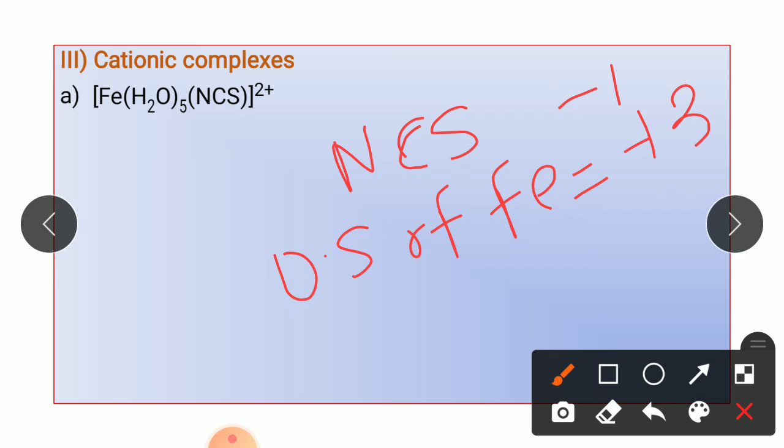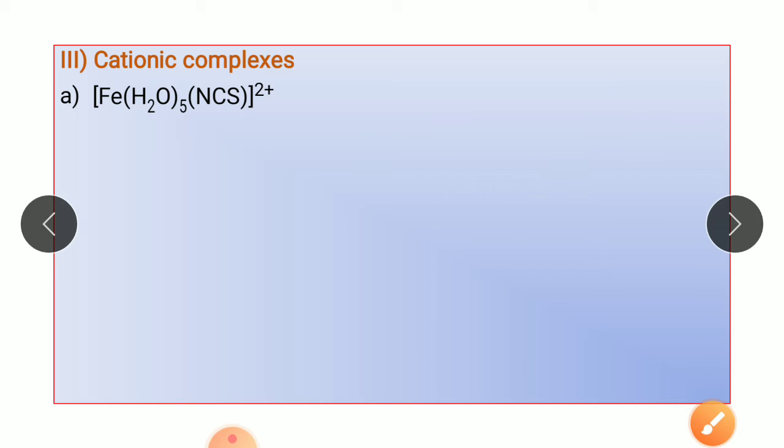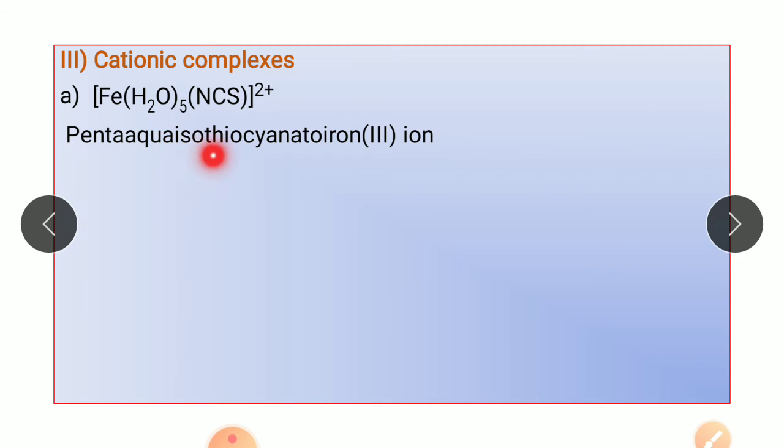And it is a cationic complex, so the name of the Fe will not change. So the name of this complex is pentaaqua isothiocyanato iron(III) ion. Here two ligands are there, isothiocyanato and aqua. So aqua will be written first and then isothiocyanato, using the rule that the ligands should be named alphabetically.